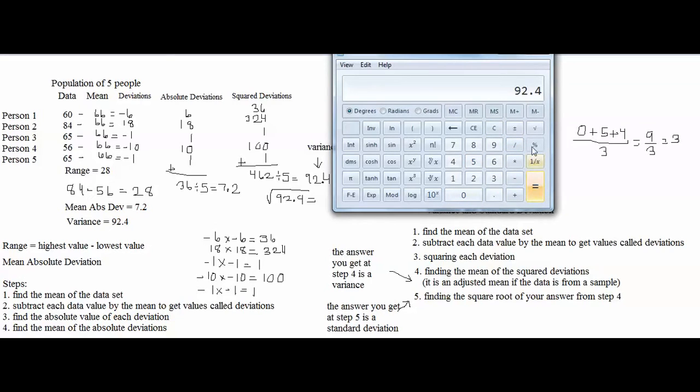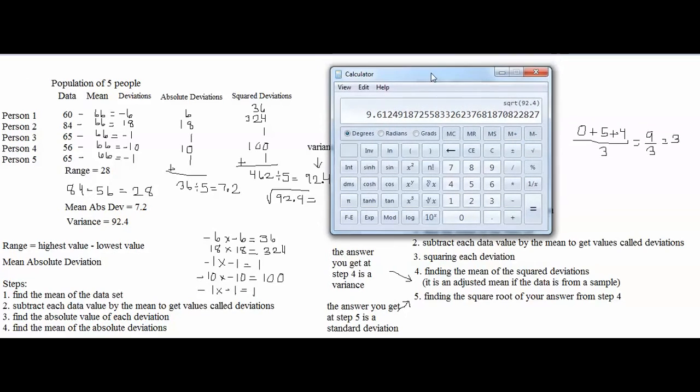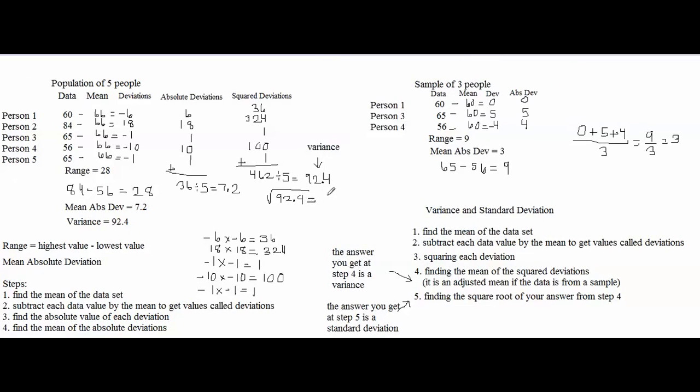To get the square root, we can just press the square root key right here, and it comes out to about 9.61. So this is the standard deviation. I can just write STDEV, and remember that this right here was the mean absolute deviation. I'll just write it like this.